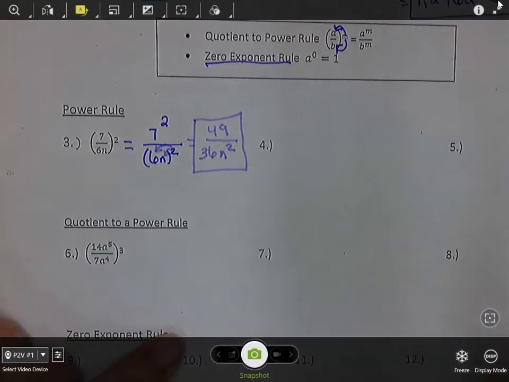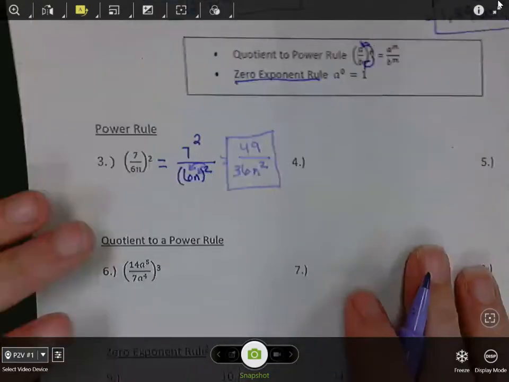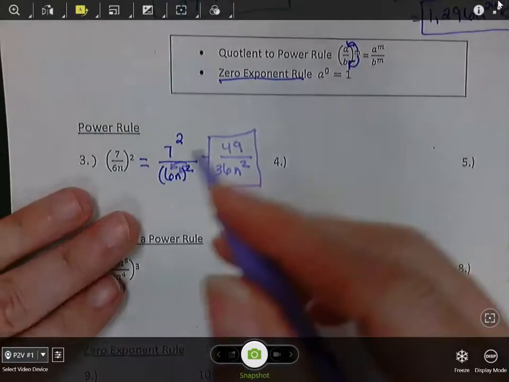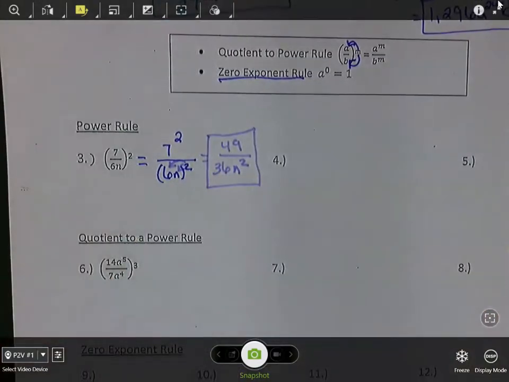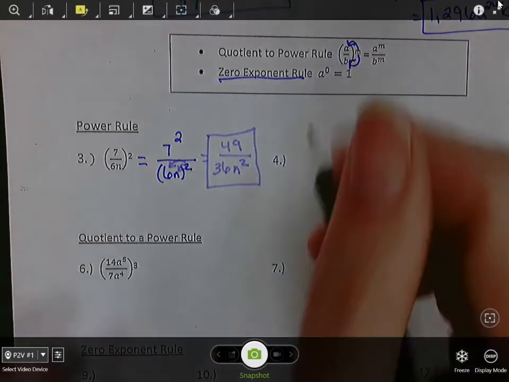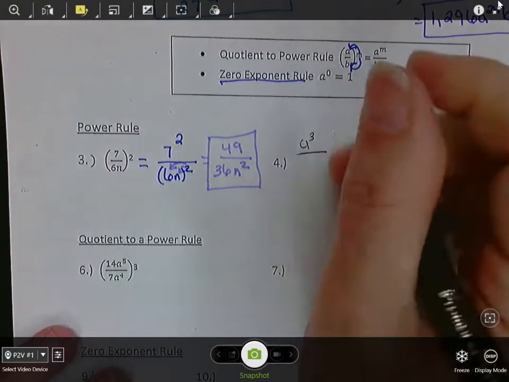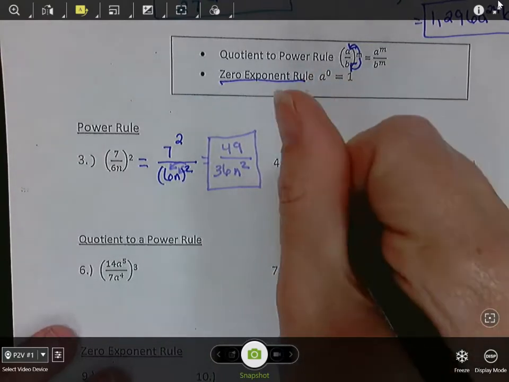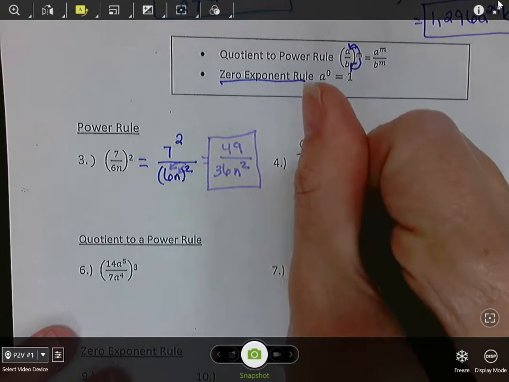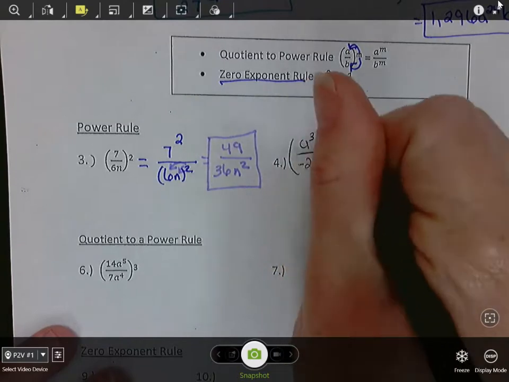Number 4. Write the problem down. It is a to the third over negative 2b to the fifth, and that's all raised to the fourth power.